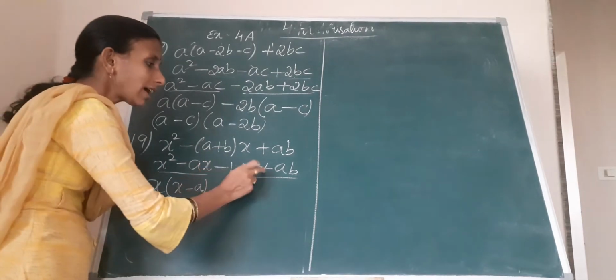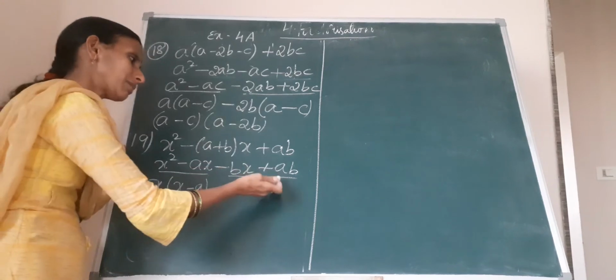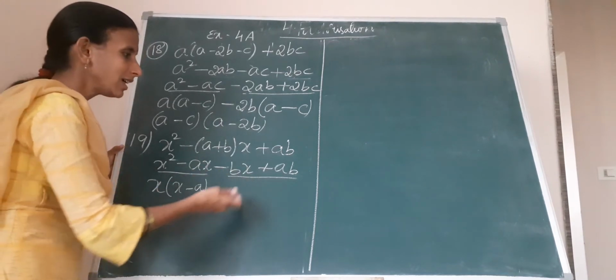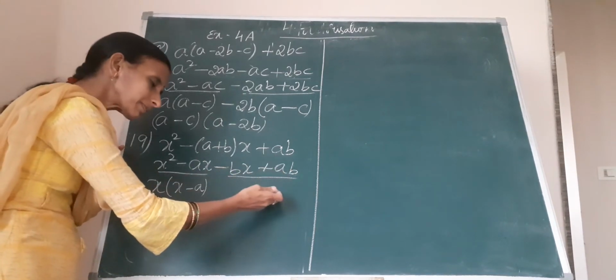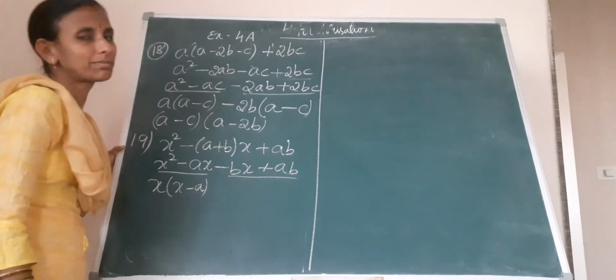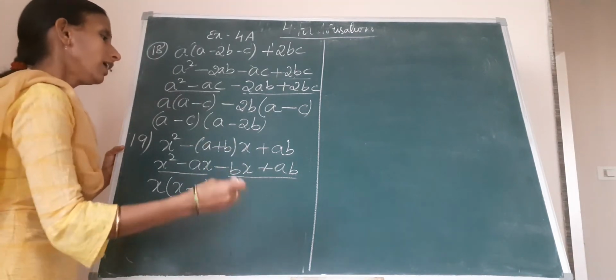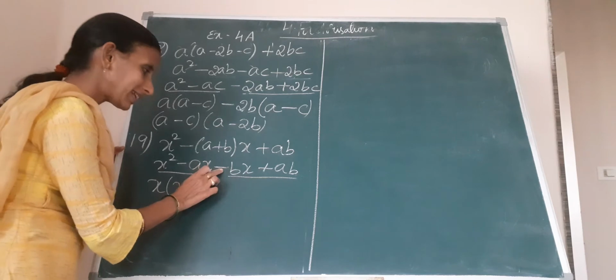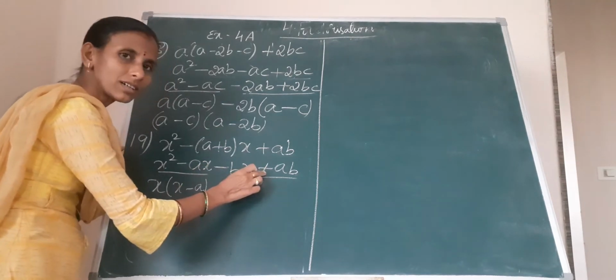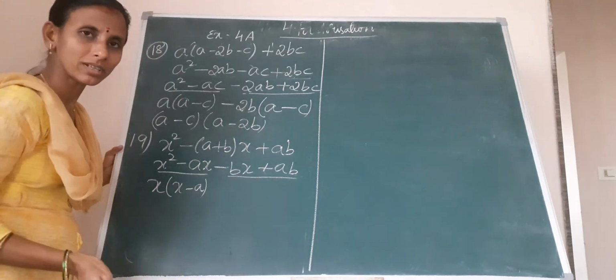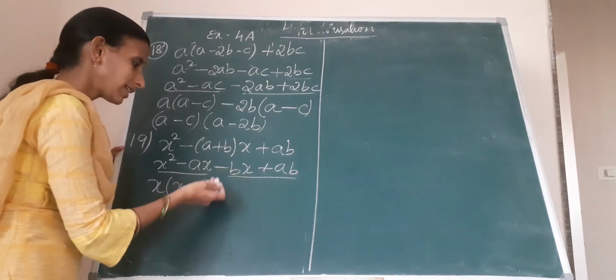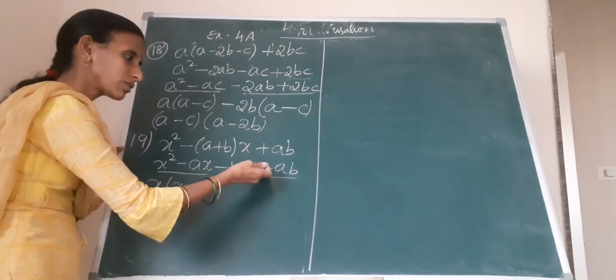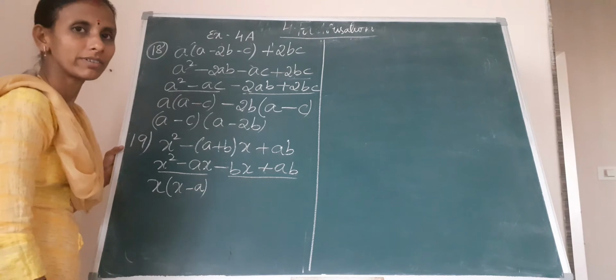Suppose both are negative, that minus we will take out as a common and we will get a plus inside the bracket. Suppose we are having plus here and minus here, we need not take minus common. Just as usual, whatever sign is there, that only we will take inside the bracket also. Same minus sign only we will get.